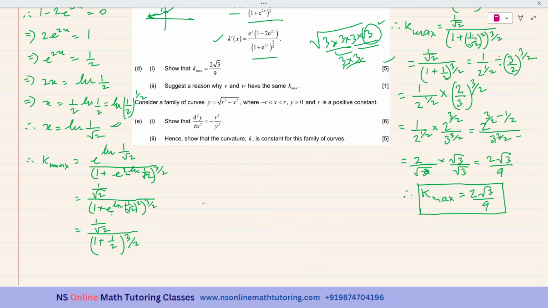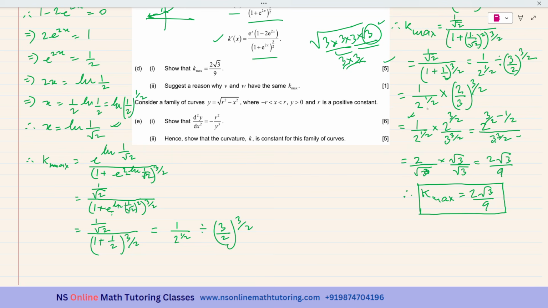And you see, for the previous thing also when we had ln, this also was equal to, I can write this as 1 over 2 to the power of half, and 1 plus half is 3 over 2, raised to the power of 3 over 2.